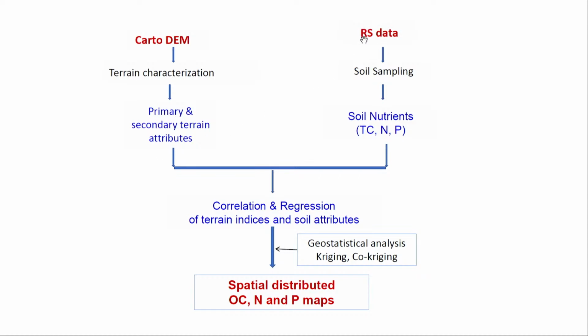I collected soil samples at random, and in the soil samples I characterized the carbon, nitrogen and phosphorus content. So you have to collect the soil samples randomly, analyze them for these nutrients, and then make the relationship.